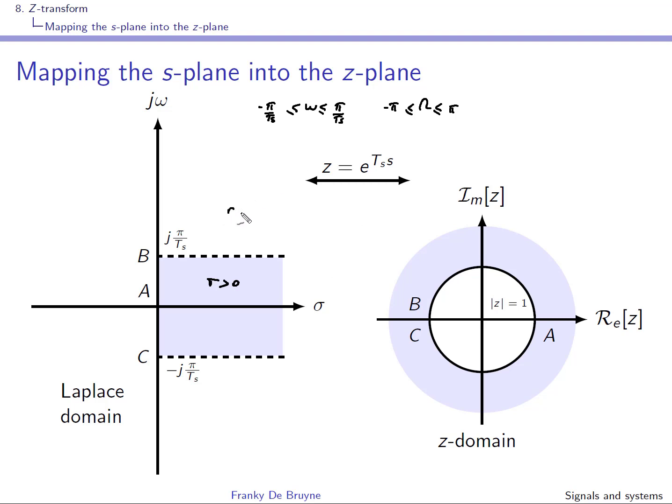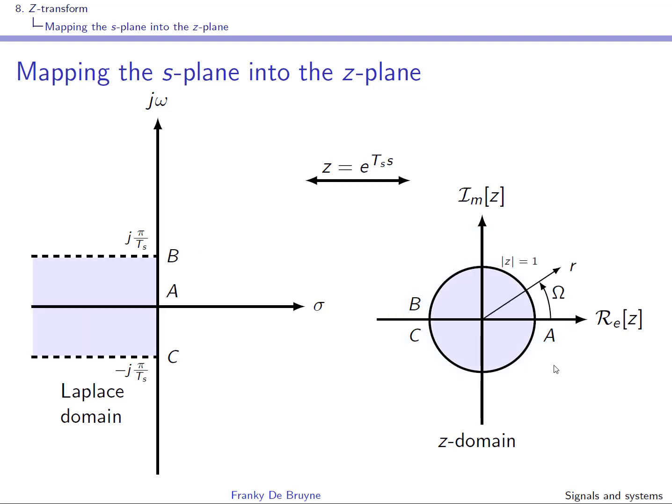Remember that r is e to the ts sigma, so this will correspond to r larger than 1. So this central strip, and we have seen this previously, to the right of the j omega axis is moved to the region outside the unit circle.